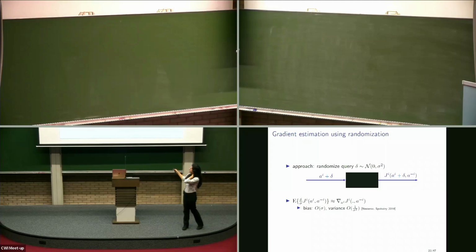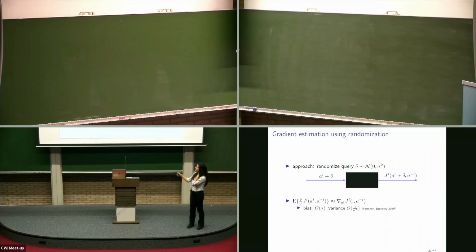It seems a little bit magical, but what should the player do? The player should randomize her strategy, meaning she should draw a random number from, for example, a Gaussian distribution with mean 0 and variance sigma squared. If she queries this function only once at a_i plus delta, with delta from this distribution, then on average, by properly scaling what she obtained, she gets an approximation of her local gradient. This goes to the work of many people in stochastic optimization, and you can also characterize the bias and variance of this approximator.